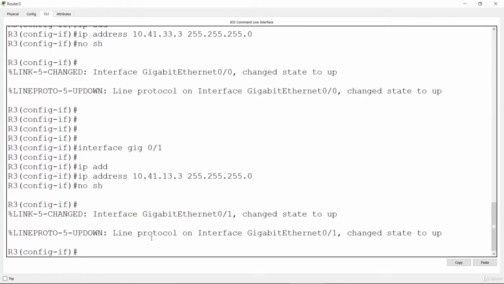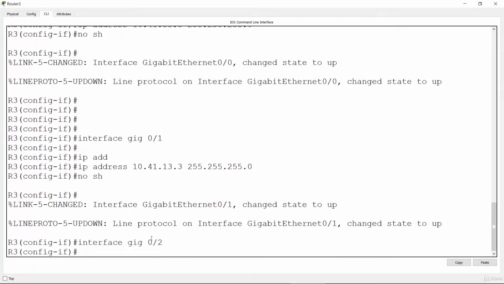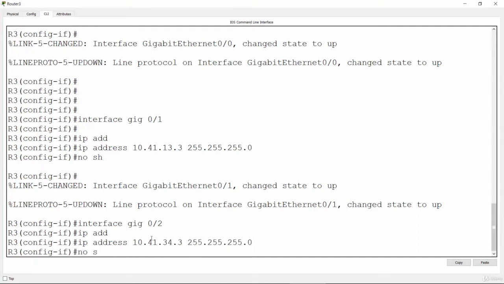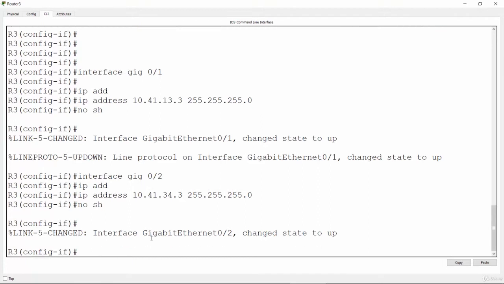And let's go to interface Gig0/2, which will have an IP address of 34.3 and with a subnet mask of 255.255.255.0.